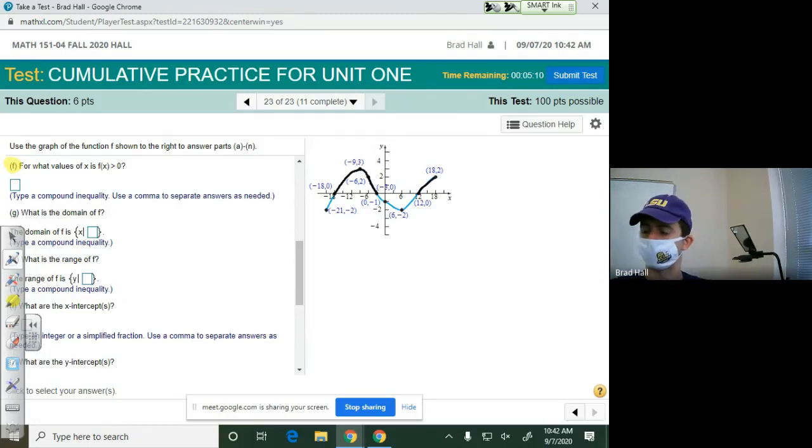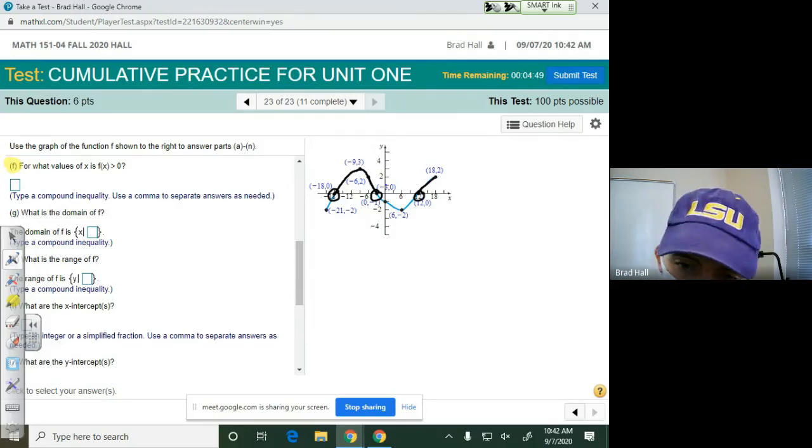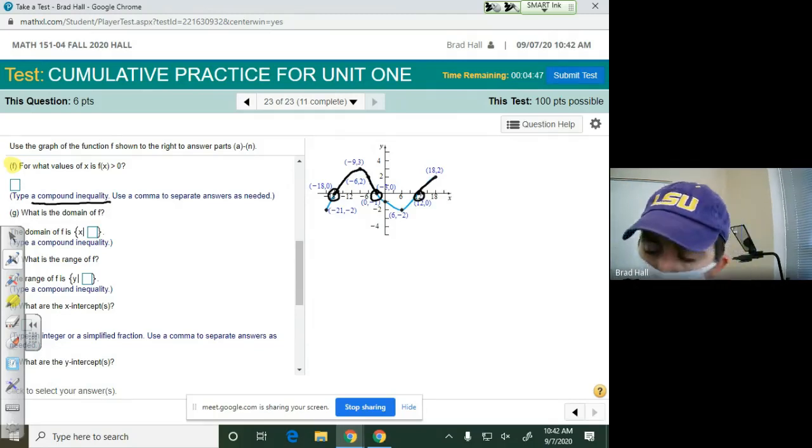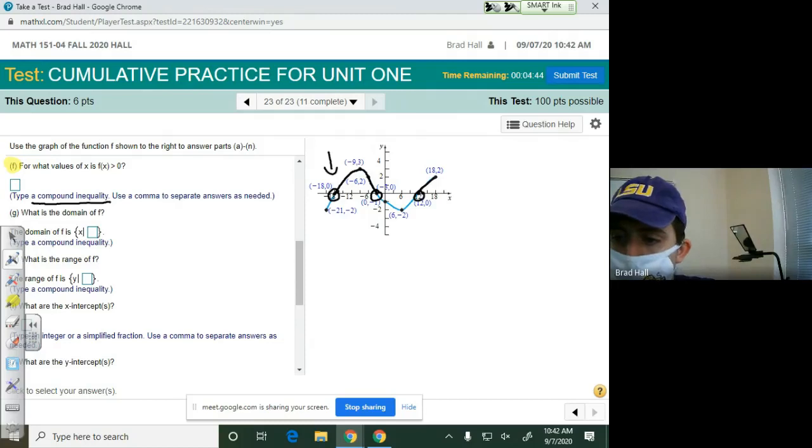So there are 2 segments. But we're going to put an open circle at every place where the graph hits the x-axis, primarily because we are just simply greater than 0. Since we're finding a compound inequality, we will first find, in either this case or the case with interval notation, the leftmost x value and the rightmost x value.